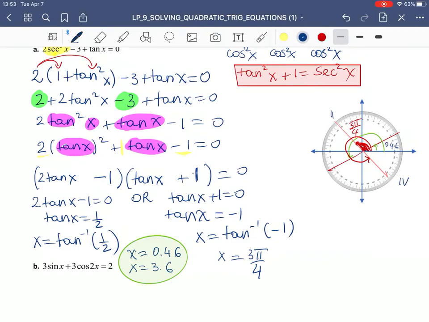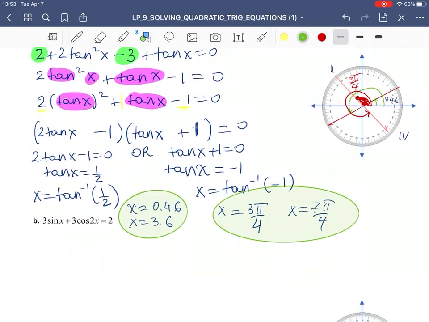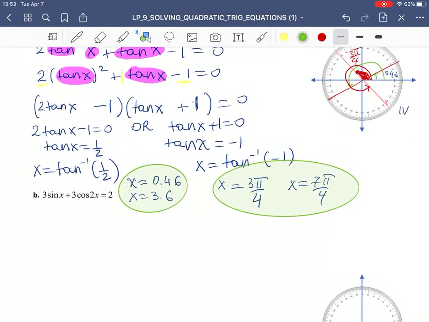Okay, so I'm going to list the next solution. So we said x equals 7 pi over 4. All right, so here we go. We got 4 solutions to this equation.